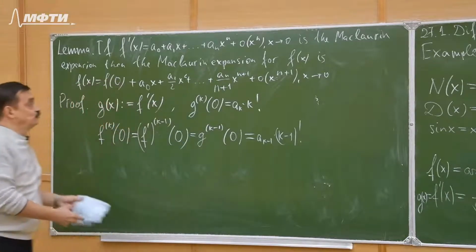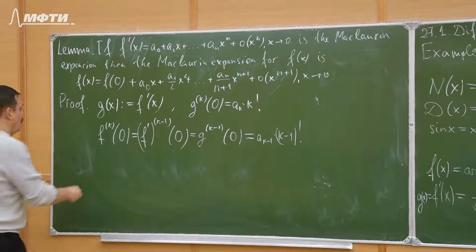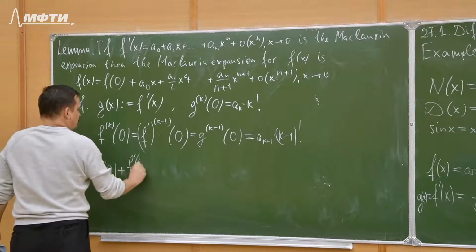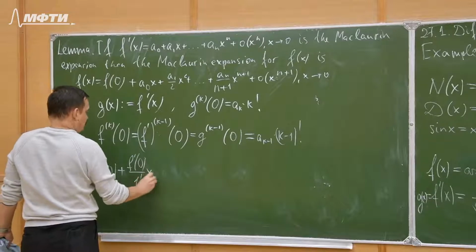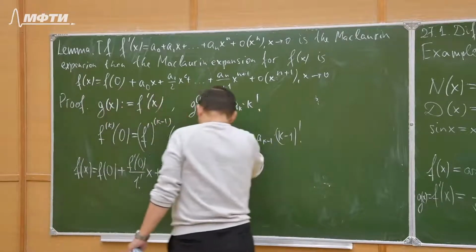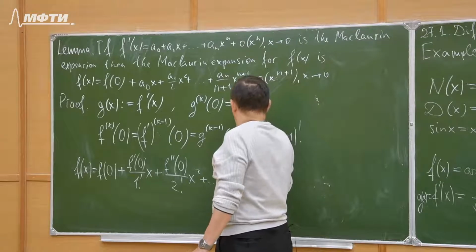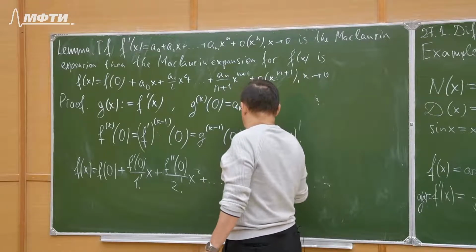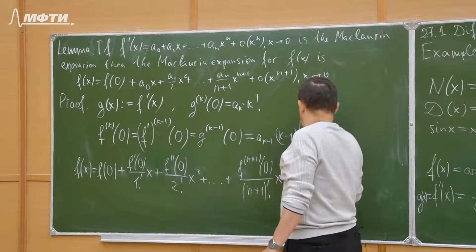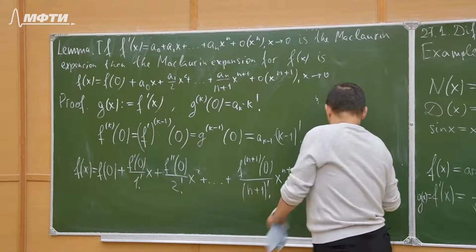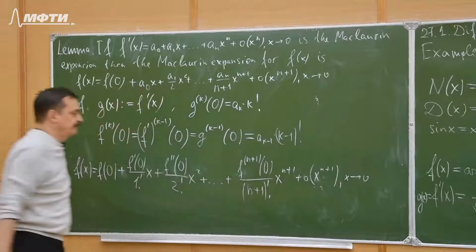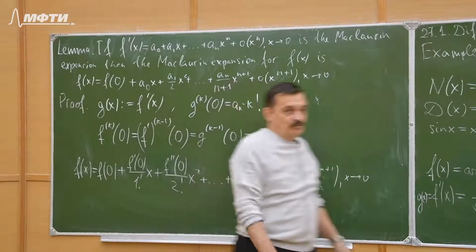So f of x equals f at 0 plus f prime at 0 over 1 factorial x plus second derivative at 0 over 2 factorial x squared plus so on plus the (n plus 1)th derivative at 0 over (n plus 1) factorial x power n plus 1 plus little o of x power n plus 1 as x tends to 0, and then we substitute, and after cancelling factorials, it gives precisely the formula.